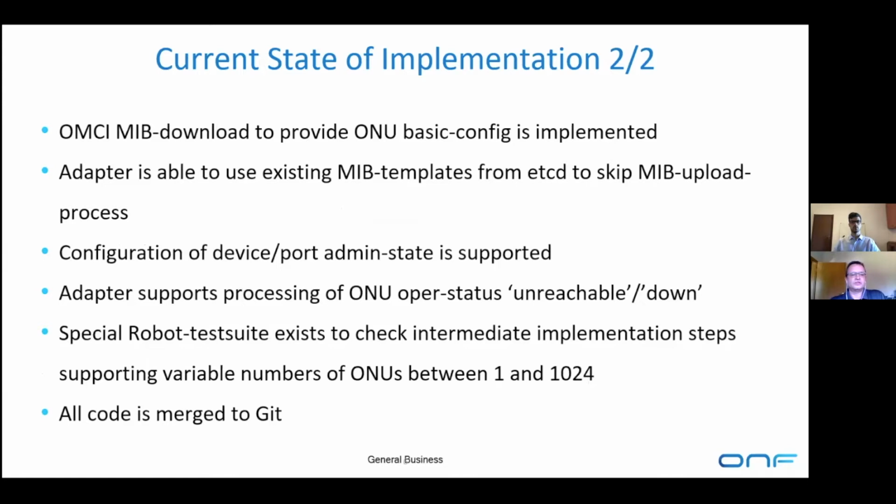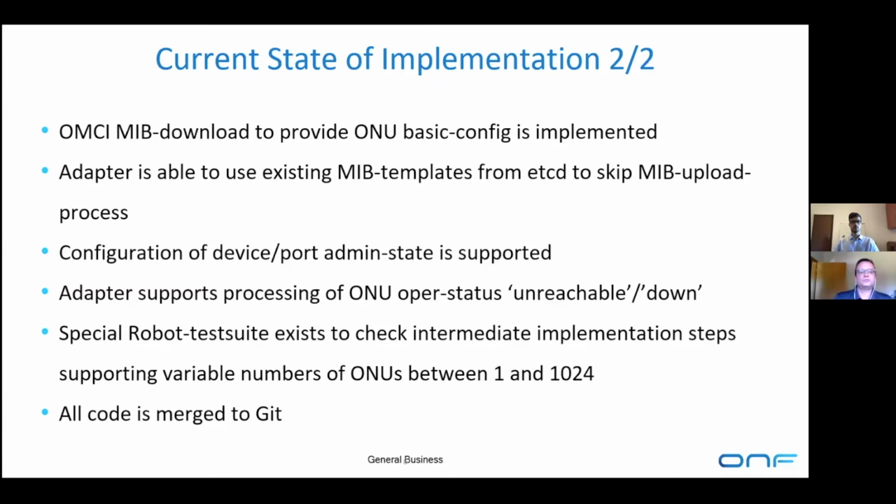Second slide of already implemented features. The OMCI MIB download to provide ONU basic config is implemented. The adapter is able to use existing MIB templates from the etcd to skip the MIB download process. And the configuration of device port admin state is supported.